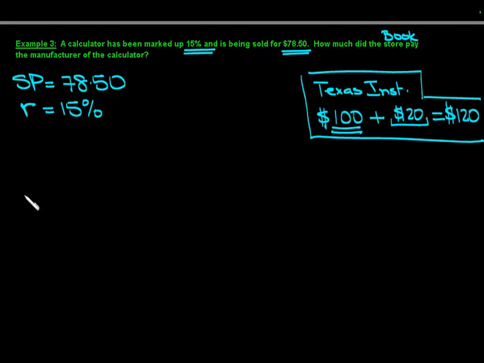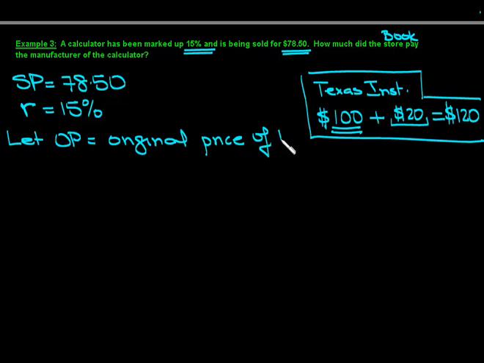So the question is, how much did the store pay for the calculator? What was the original price of the calculator before the markup? So let's call that OP. Let OP equal the original price of the calculator.